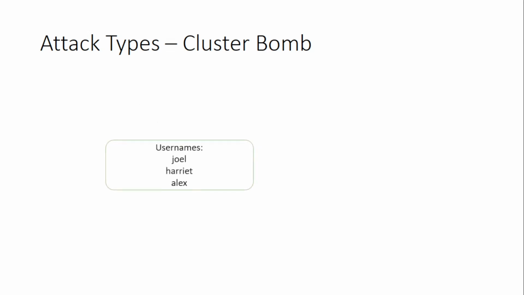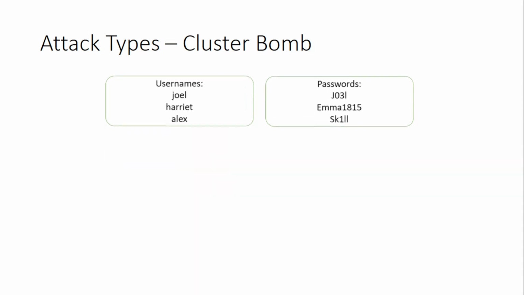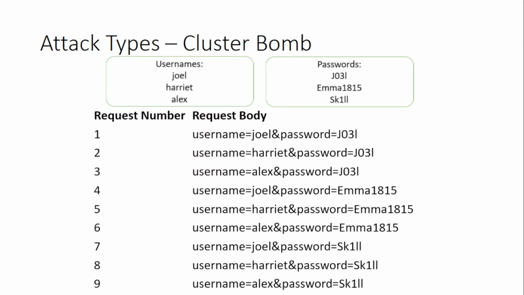So if we go back to our example with the usernames Joel, Harriet, and Alex in that username word list, and the passwords that are in the password word list, we have 3 on each. What is going to happen is we'll end up with 9 requests.